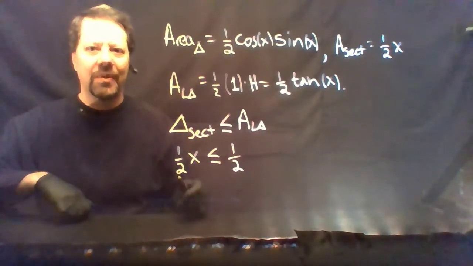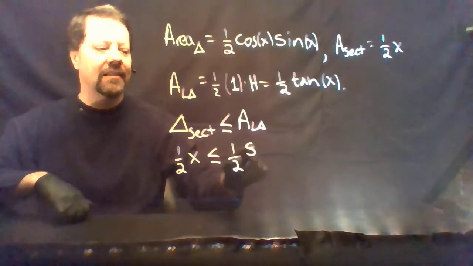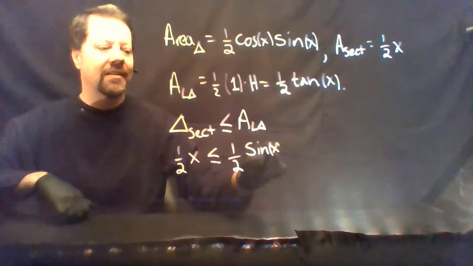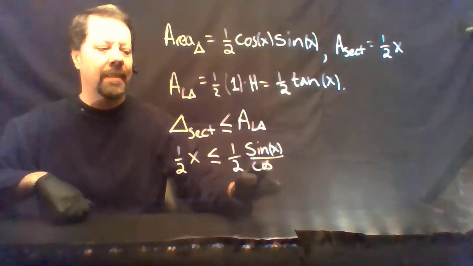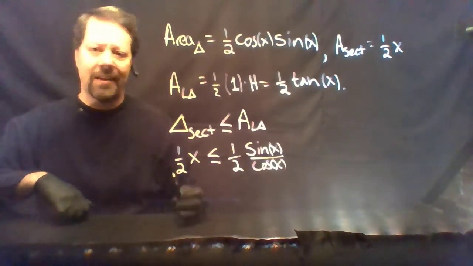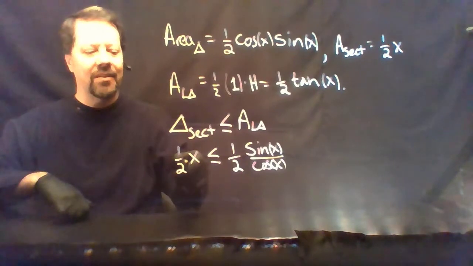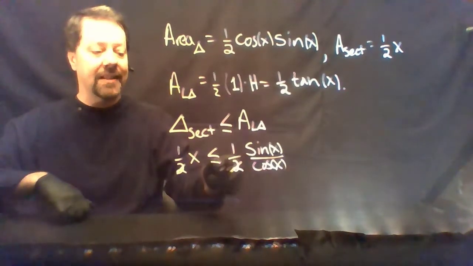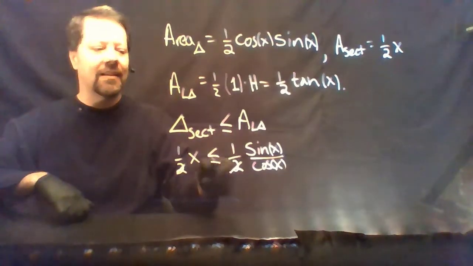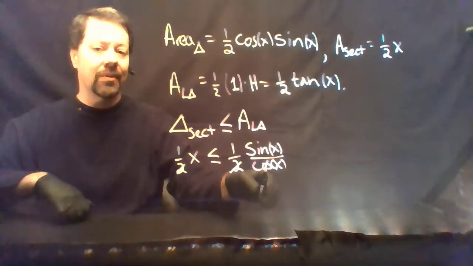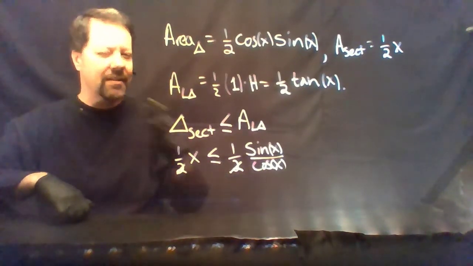I'm going to use the ratio identity. Tangent of x is sine of x divided by cosine of x. You can multiply both sides of this inequality by 2. We're going to multiply also by cosine x.